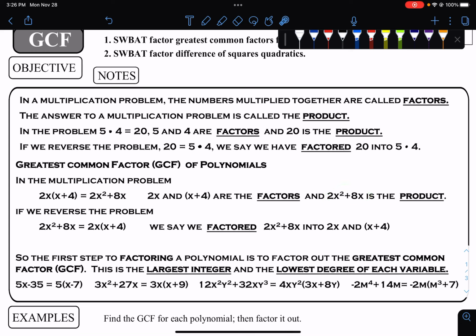If we go the other way, if it gave you 2x squared plus 8x and wanted you to factor that, it's kind of like undoing the Santa hat, then your answer would be 2x times x plus 4. So we would say that we factored 2x squared plus 8x into 2x and x plus 4.